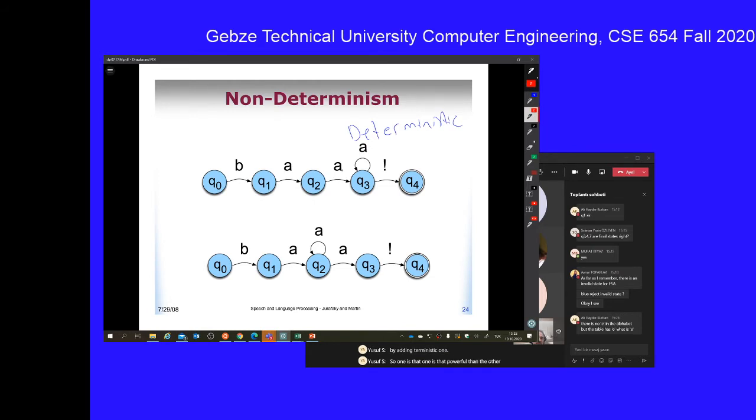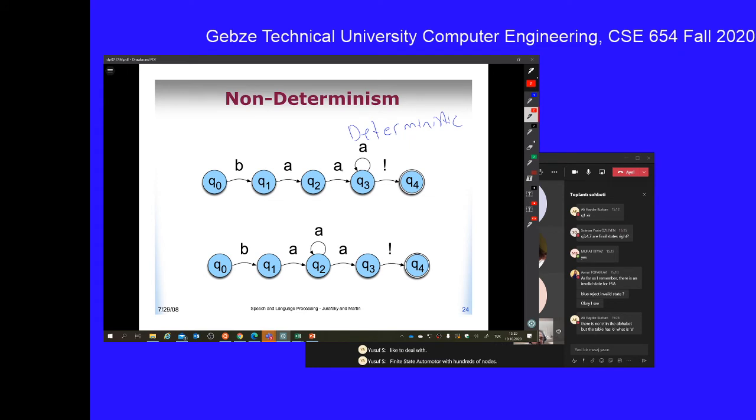Remember what I said? We like these because they are powerful to express stuff. It is powerful for us human beings. Sometimes we use them to explain something in a shorter, smaller finite state automaton. For humans, we don't like to deal with finite state automata with hundreds of nodes.